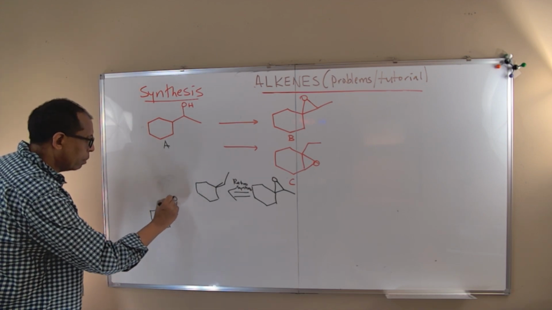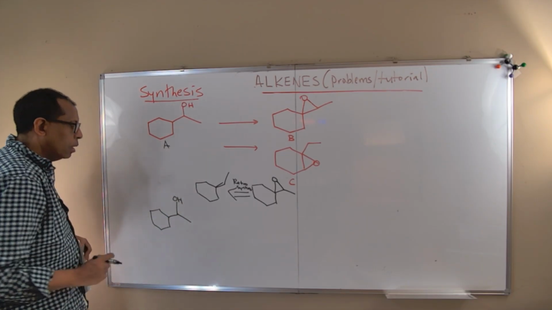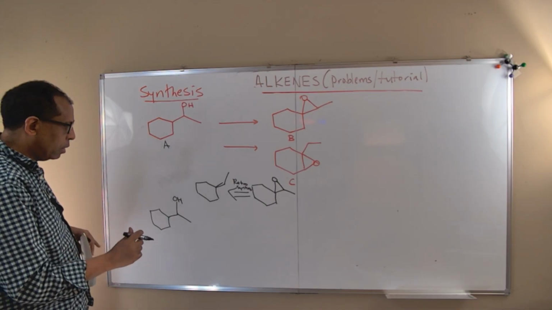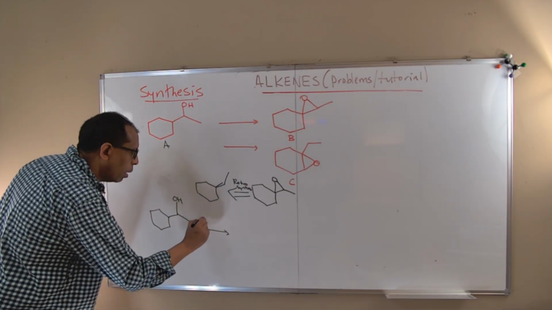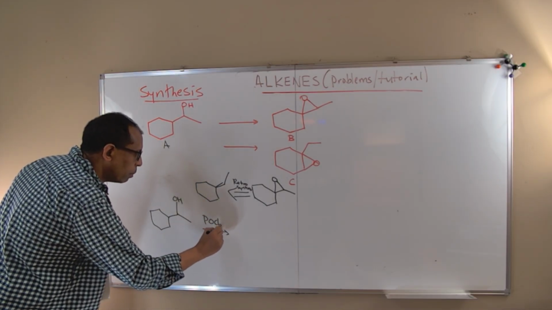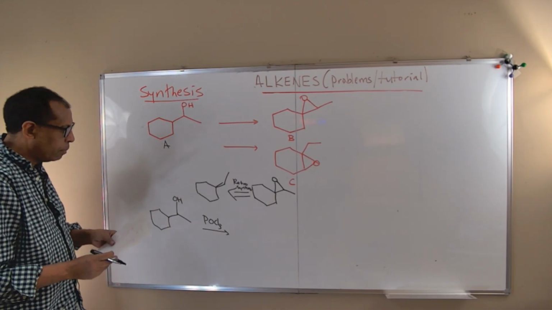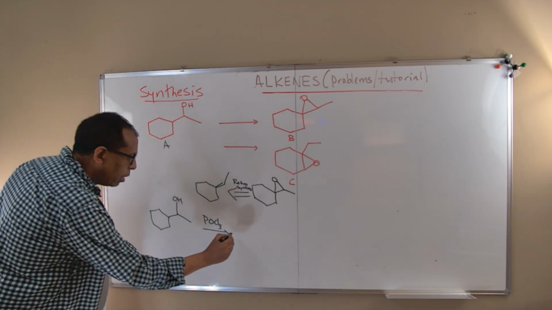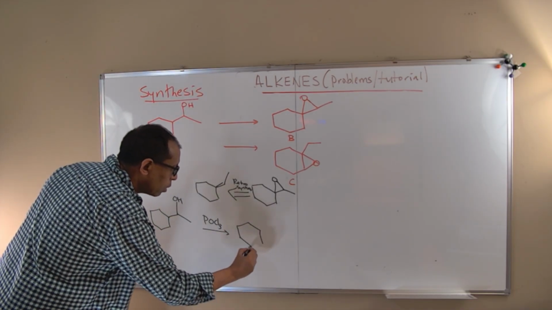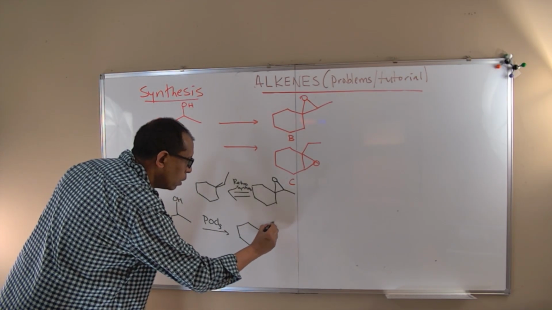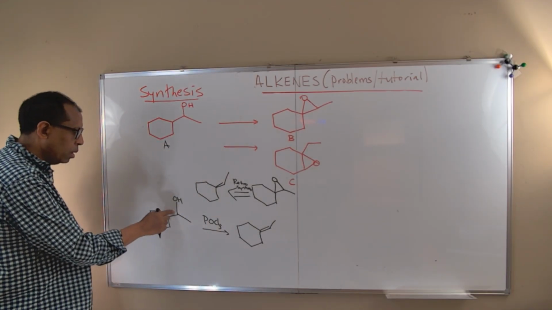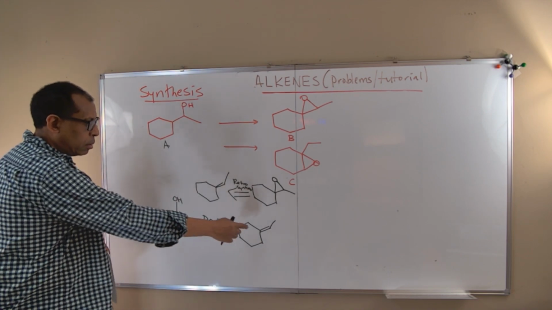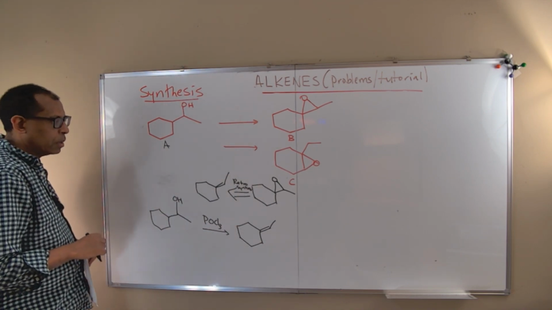If you remember what we have done in the dehydration reaction, if you use POCl3, for example, you could dehydrate this and make a more substituted alkene, which is this. This is CH3, so dehydration, loss of water, right? So that gives you that alkene.